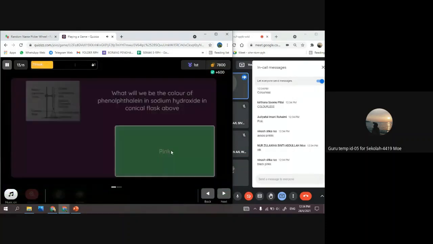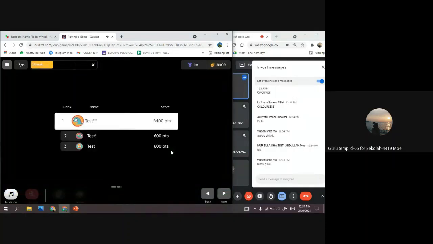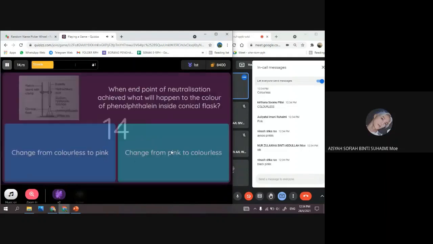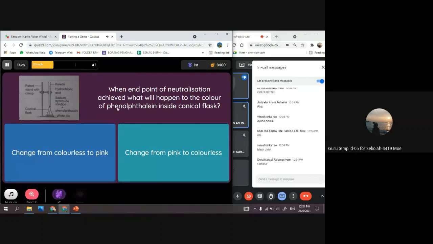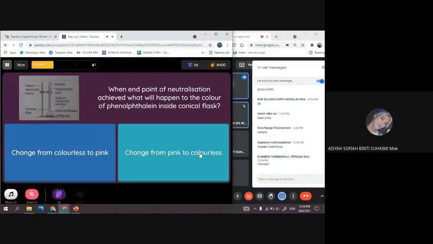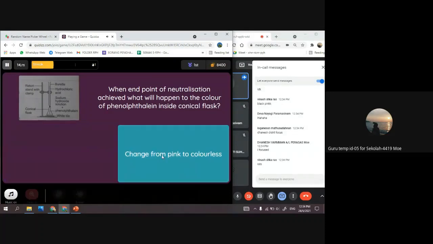Remember dia pink dulu, lepas tu baru dia turn colorless. Cikgu, Vina said Blackpink, cikgu. Blackpink in your area. Okay, when endpoint of neutralization achieved, what will happen to the color of phenolphthalein inside the conical flask? Change from pink to colorless. That means neutralization has occurred. Okay, correct.